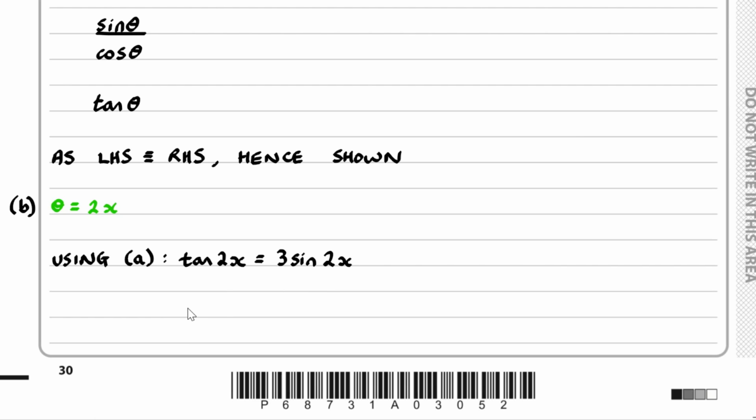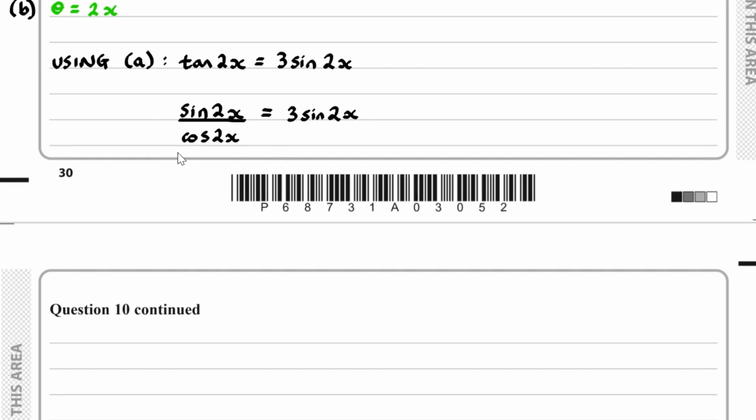Well, tan 2x is the same as sine 2x over cos 2x. This is equal to 3 sine 2x. And if I multiply through by cos 2x, we end up with sine 2x equals 3 sine 2x cos 2x.